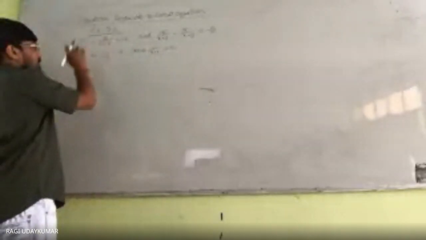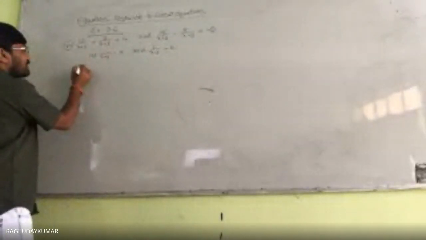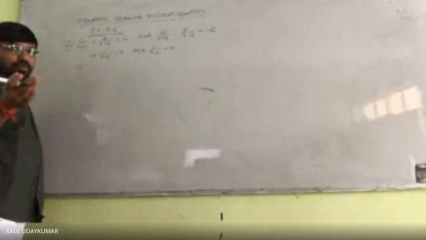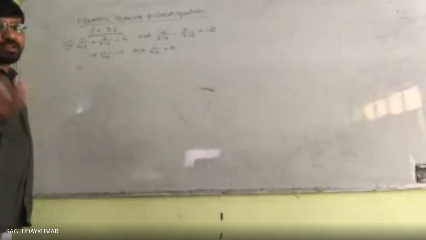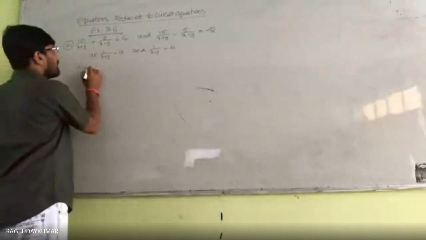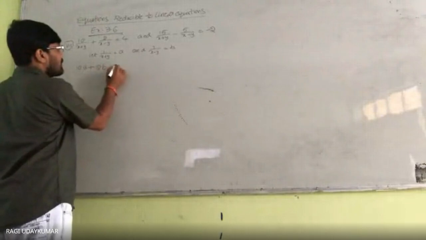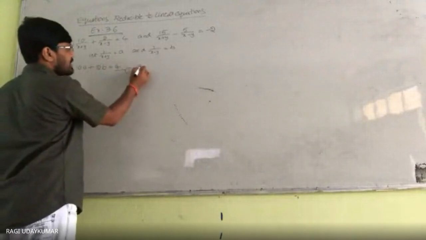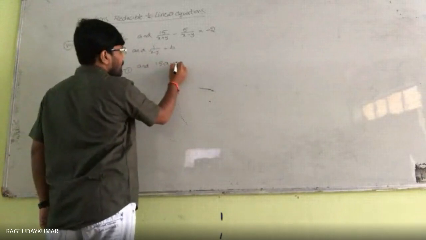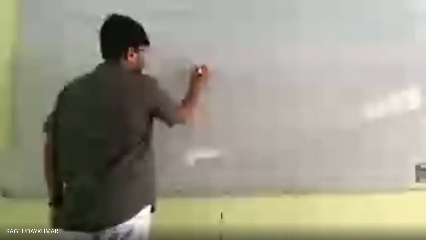Then these equations are transformed, just like the example problem I showed at the start of the video, to 10a plus 2b is equal to 4. Consider this as equation 1. The other equation is 15a minus 5b is equal to minus 2. This is the second equation. We need to solve these two equations.